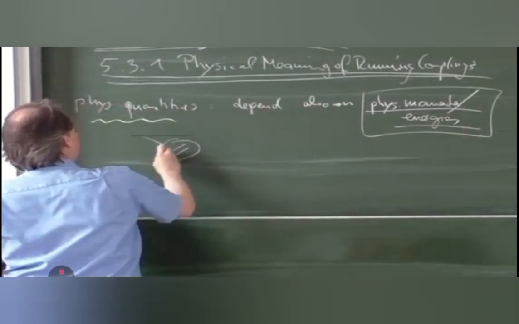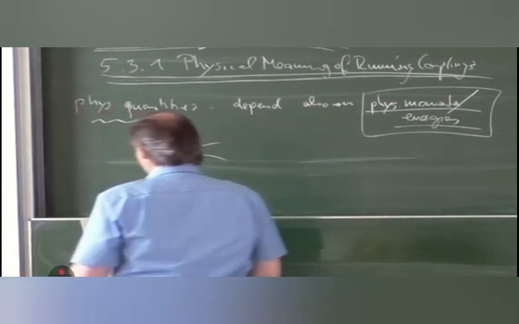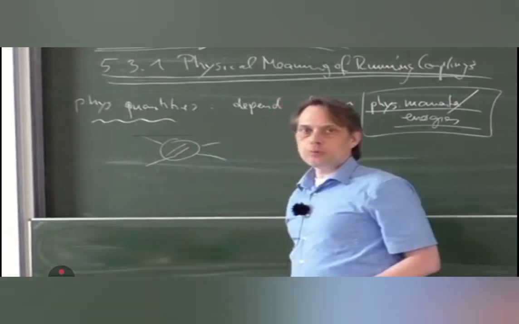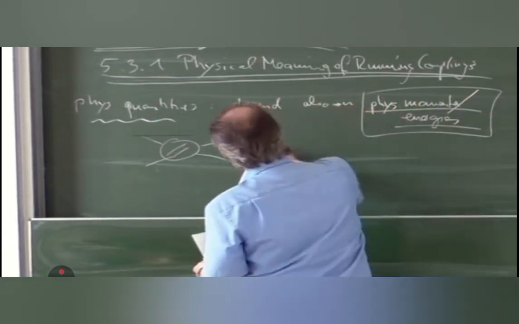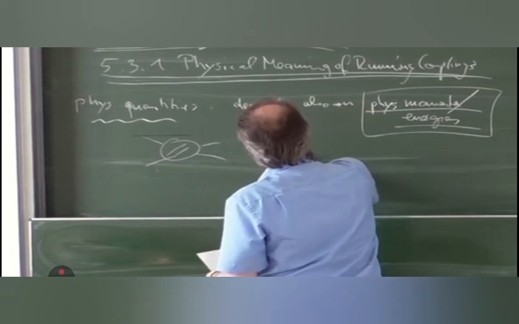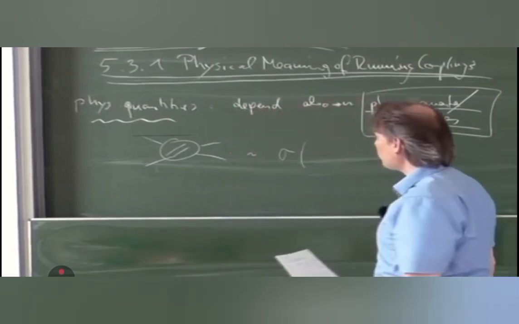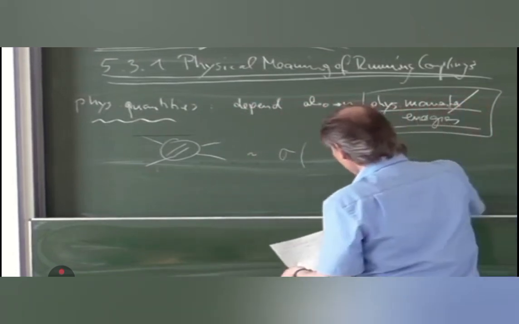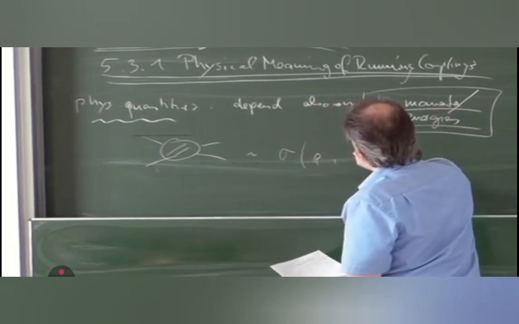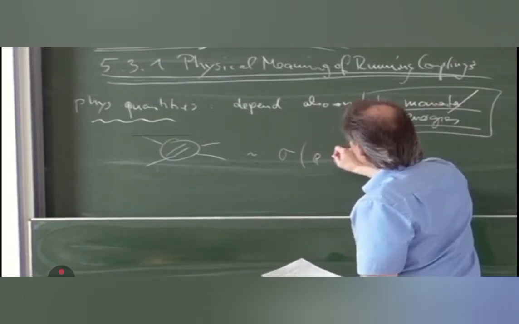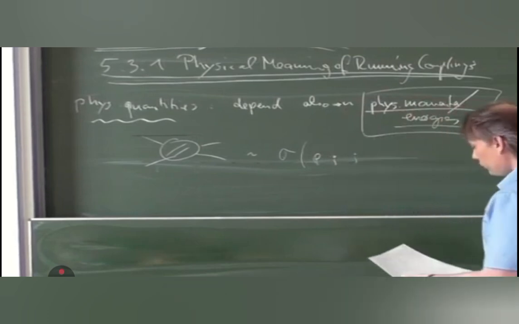Let us visualize this with some example. So that symbolizes a process, for example, a 2-to-2 scattering process, but it could also be something more general. And let's give it a name, sigma, like a cross-section, which depends on the momenta, p_i. So there are many momenta, it's a set of momenta, p_i.